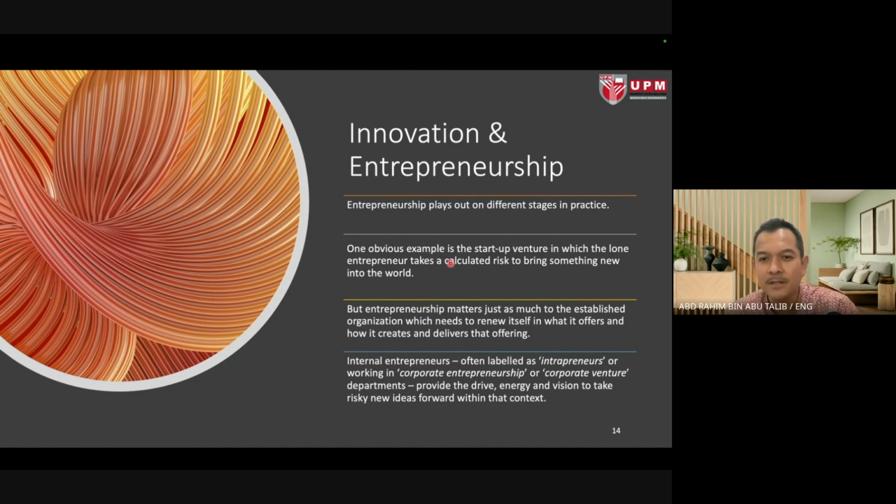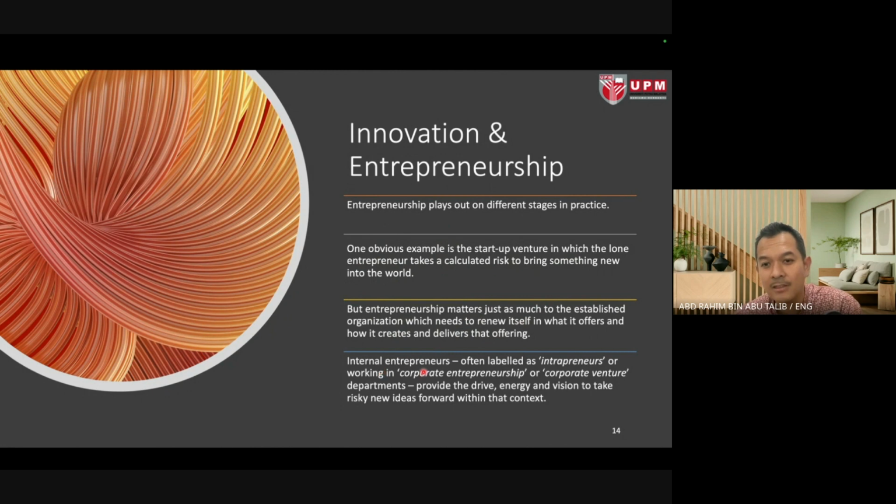One obvious example is the startup venture, in which a lone entrepreneur takes a calculated risk to bring something new into the world. All right. But entrepreneurship matters just as much to the established organization, which needs to renew itself in what it offers and how it creates and delivers that offering.